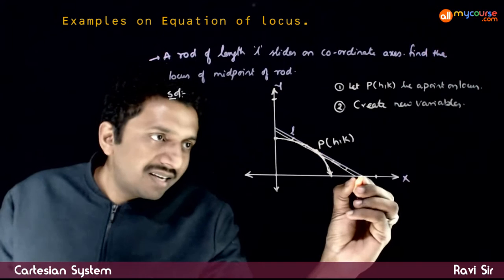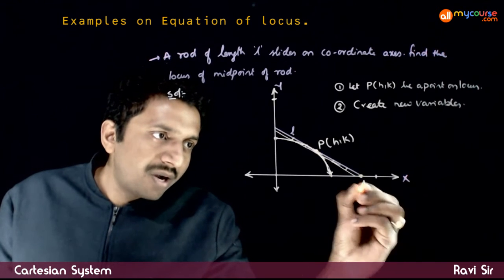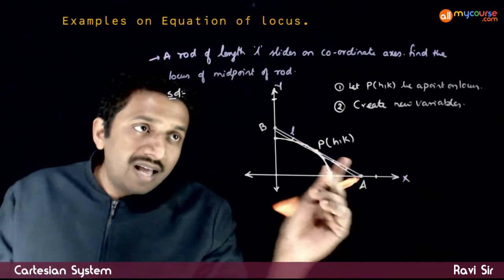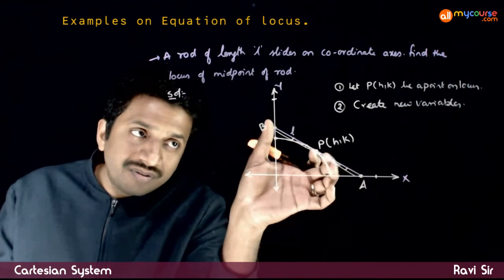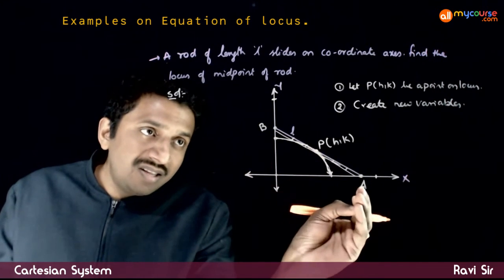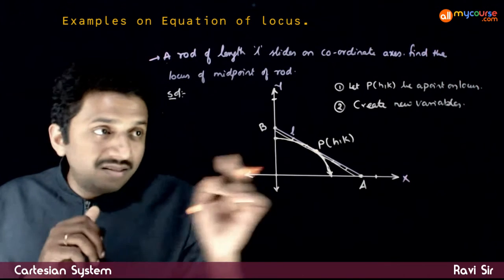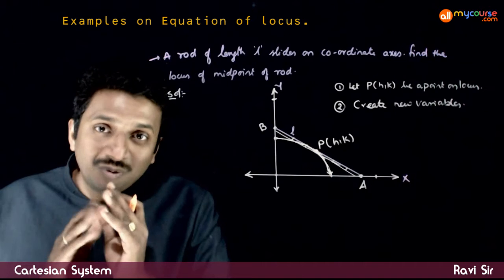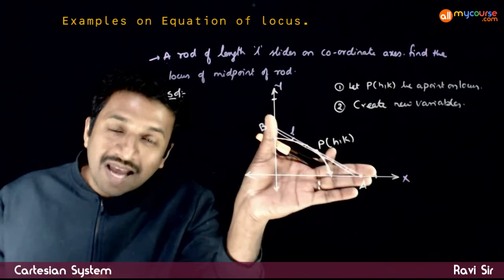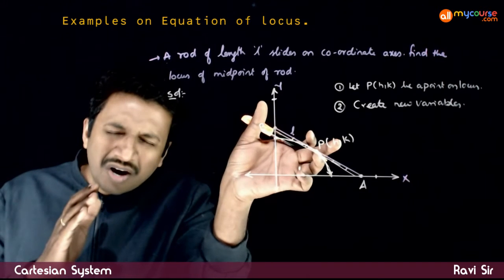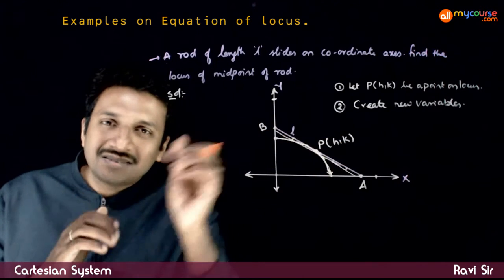So let us call this point A, this point B. And as the ladder moves, these two points A and B also move. Just imagine an animation where this rod is sliding along the coordinate axis.